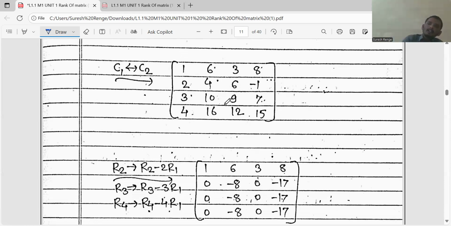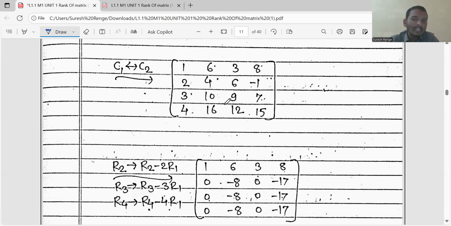Now, if you want to convert the matrix into normal form, what will be the first operation? In row number 1, the leading element is 1. Whatever elements lie below it, we make equal to 0.